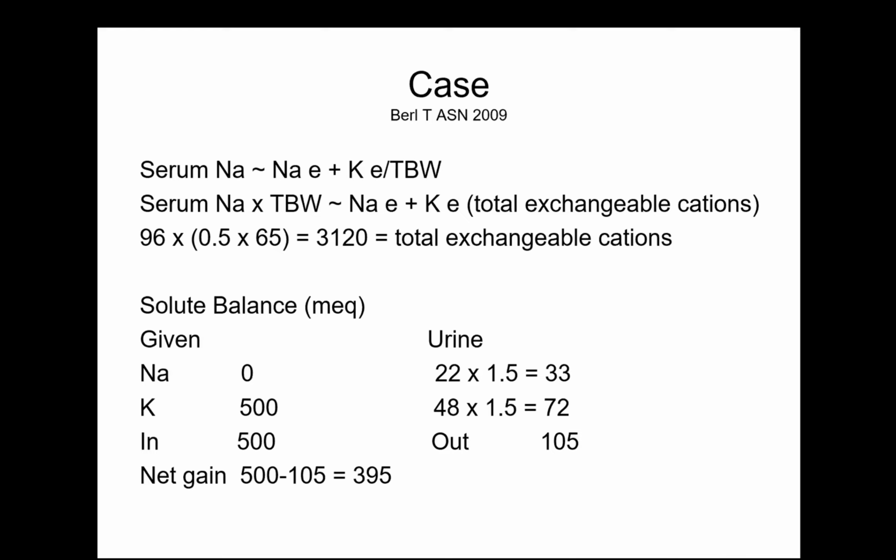So she lost 72 milliequivalents of potassium. You add those together because we're treating them as the same, right? So she lost 105 milliequivalents of cation. We gave 500, so she's netting 500 minus 105, she's netting 395. So in terms of solute balance, or cation balance, she's net in 395.